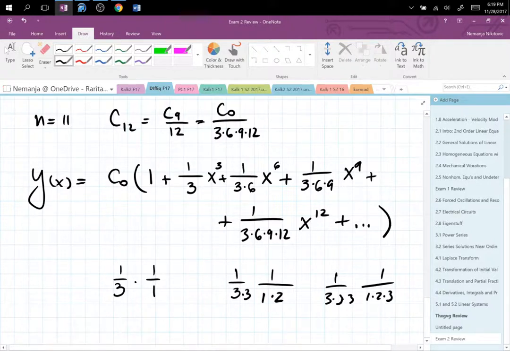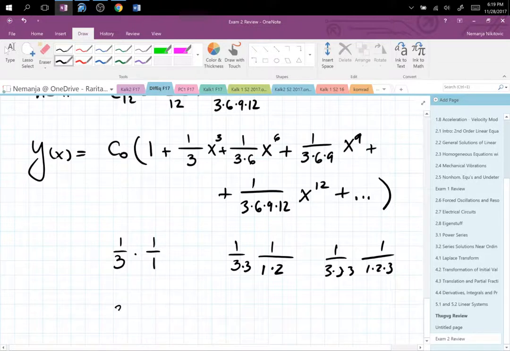So this one is going to be 1 over 3 to the n, because it goes 3 to the 0 for the first one, and then 3 to the 1, and then 3 times 3, so that's 3 squared, and 3 cubed, so that matches with the 1 over 3, and then times the n factorial.